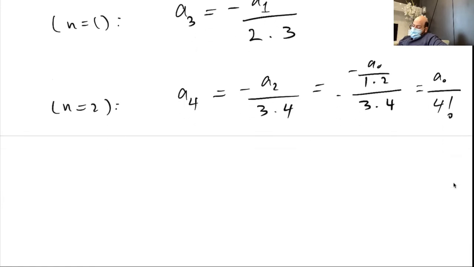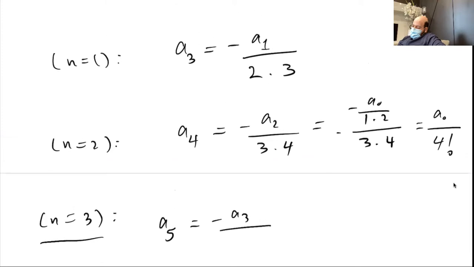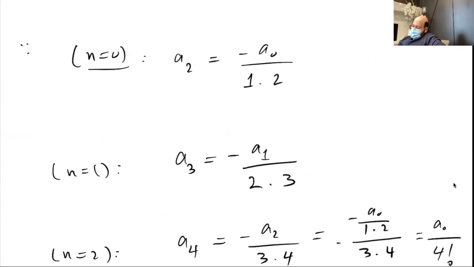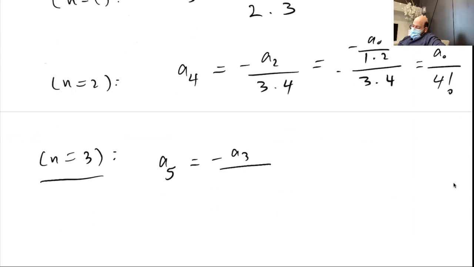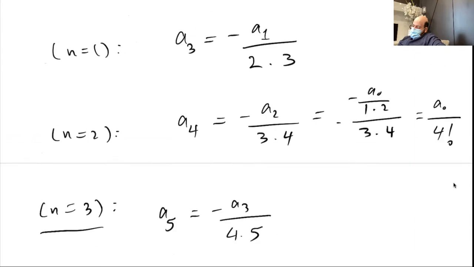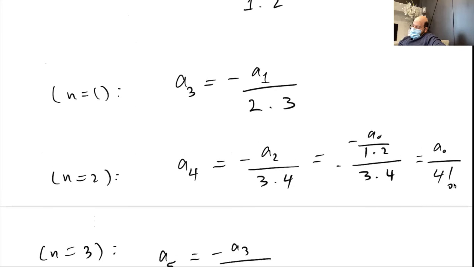Now let's proceed to the next index. n equals 3. If I replace n with 3, then I'll get a5 equals minus a3 divided by 4 times 5. a3 itself was minus a1 over 2 times 3.